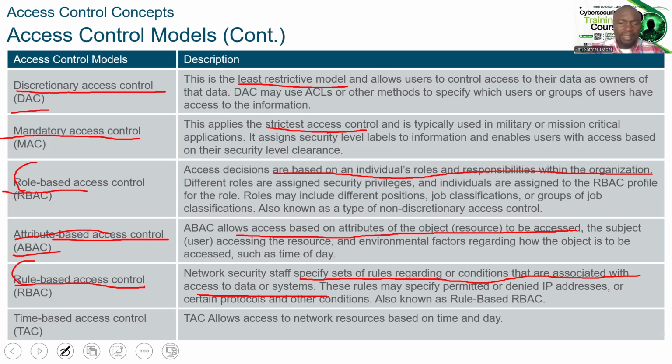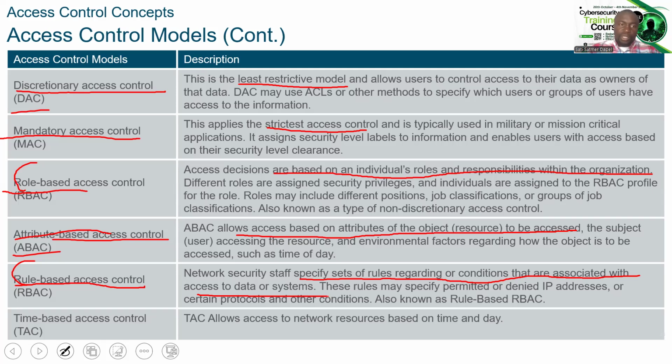You know, you can decide to create different policies and implement them. So then the last one is the time-based access control. All right. Time-based, which grants access to the network resources based on what time of the day. So you see, this has a relationship with attribute-based. All right, something like that.